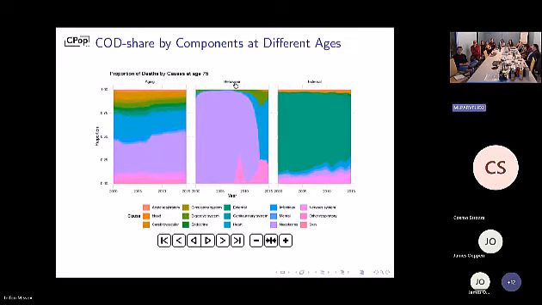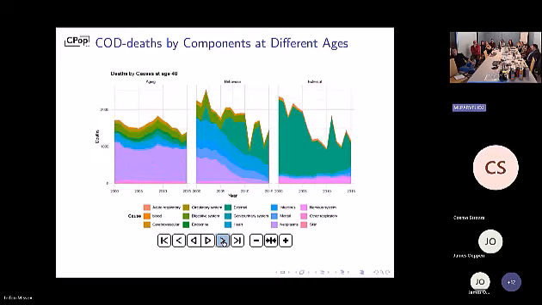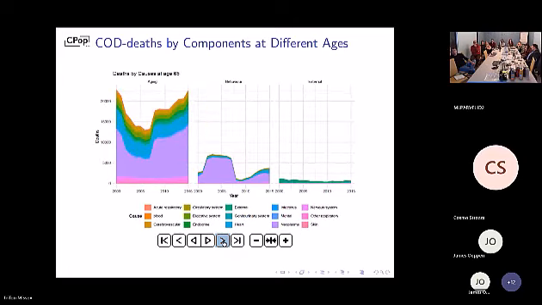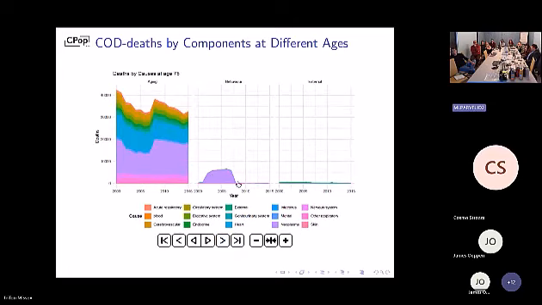So at age 75, you can already see something that we already discussed, that data quality becomes lower. Again, I would like to turn your attention to this mismatch in the period between 2002 and 2007.